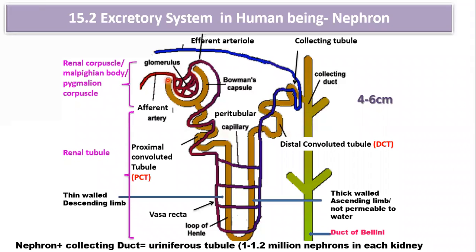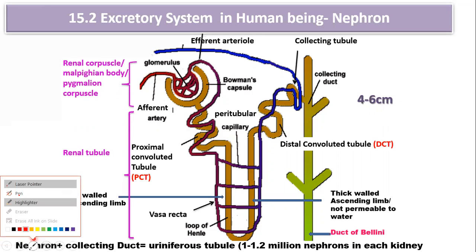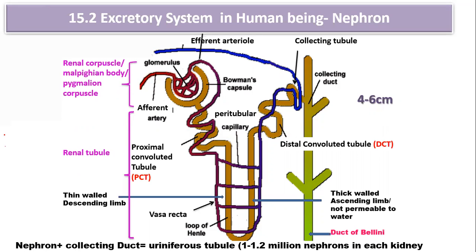One, you can see there is a cup-like structure. This cup-like structure is called the Bowman's capsule. This cup-like structure, which is blind-ended, is formed by invagination. Invagination means, suppose this is a tube like this, now if this part goes inside, the structure will become like this.